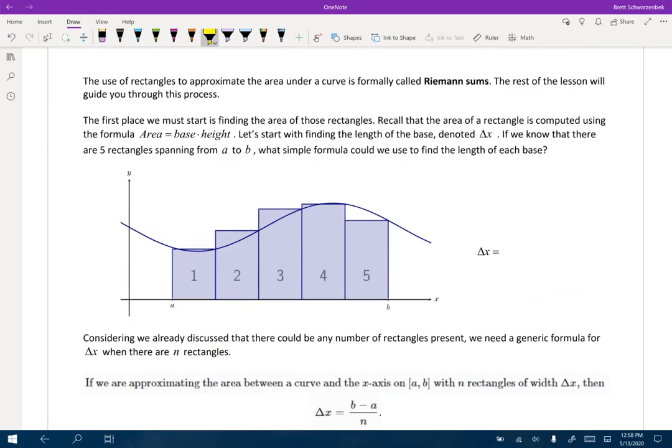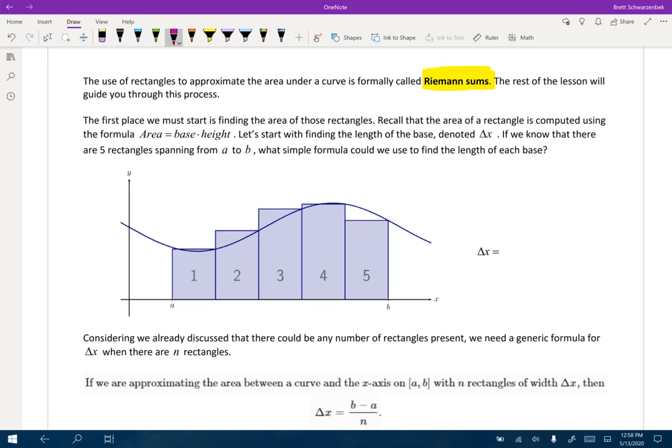Okay, the method for using rectangles to approximate the area under the curve is actually called Riemann sums. So that's going to be a popular calculus word. Basically what we're going to do over the next several pages, and this lesson is pretty long, is talk about how to use Riemann sums to estimate the area under a curve.